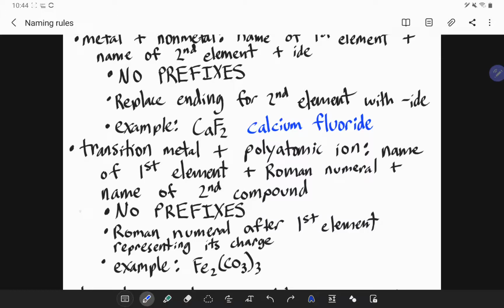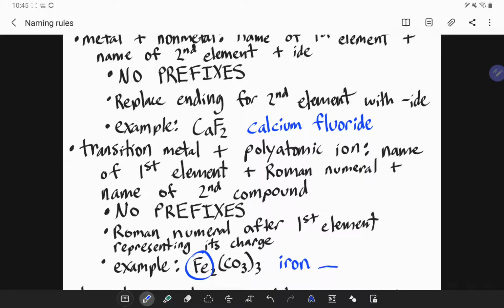Again, this is an ionic compound, so no prefixes. But the difference here between here and what we did previously is we are going to include a Roman numeral after that transition metal. So here we have Fe2(CO3)3. So let's write down what we have. We have iron, and we have carbonate.